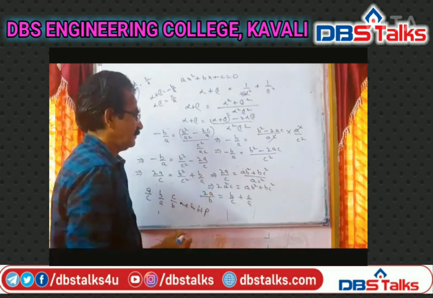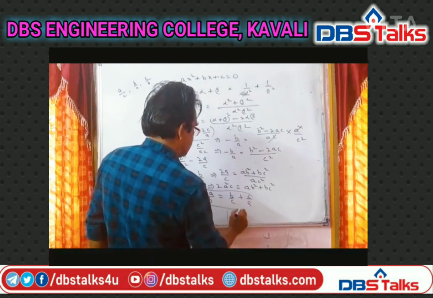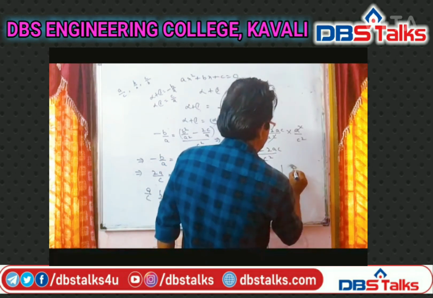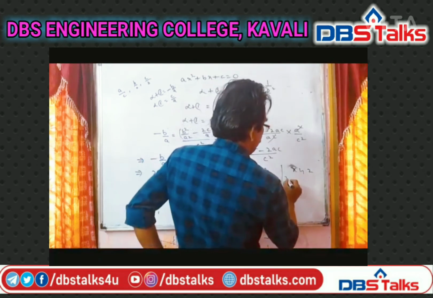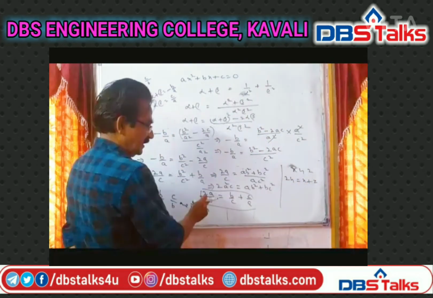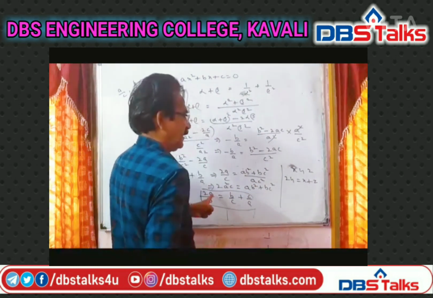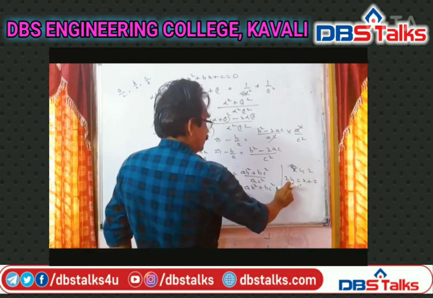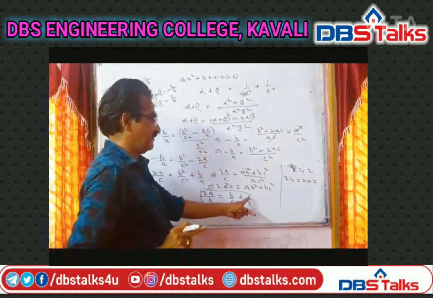So here we are writing like this: when x, y, z are in AP, what can we write? 2y is equal to x plus z. That is 2 a by b. A by b is y, this one is x and one is z.